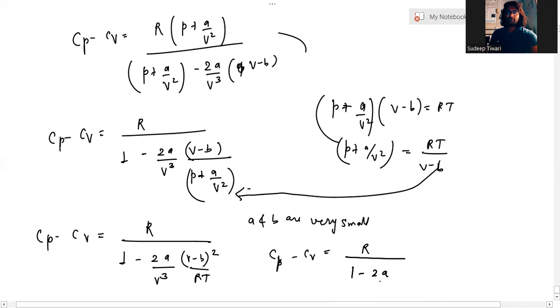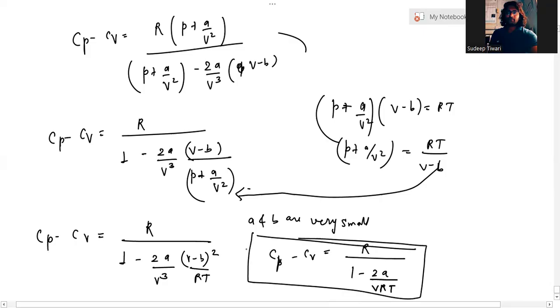So this will give me 2A upon VRT. So this is my modified kind of Cp minus Cv. For ideal cases, we don't have A. A is 0 there. So then you can simply write Cp minus Cv is equal to R. But for van der Waals fluids or van der Waals gases, I'll write Cp minus Cv.